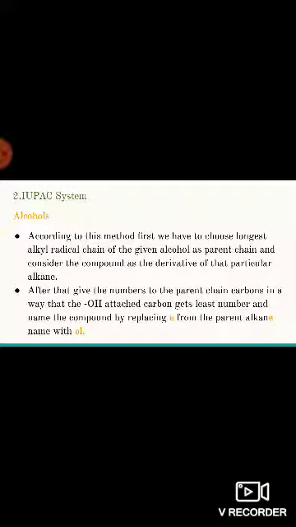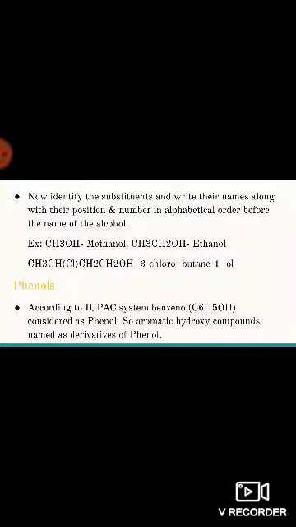After naming the parent chain, or the hydroxy compound or alcohol, we have to find out other substituents present in the given hydroxy compound, such as any alkyl groups or any other groups which have less priority than the hydroxy group.